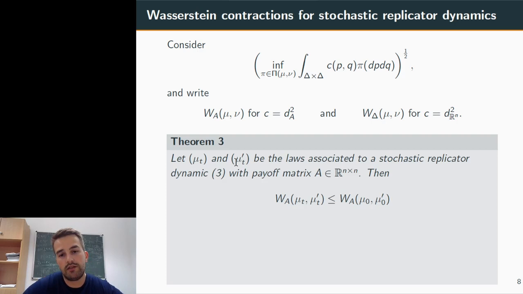Let us consider mu_t and mu'_t as laws corresponding to two solutions to this stochastic replicator equation that we've seen in equation 3 on the previous slide, both driven by the same payoff matrix A. Then, of course, we may ask, is it possible, or at least for which kind of matrices is it possible, to bound this distance at any positive time by the distance of the initial data?